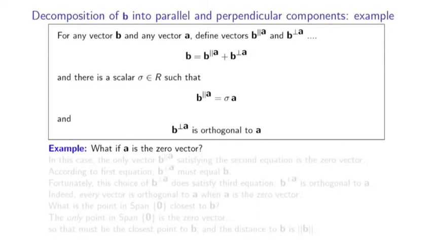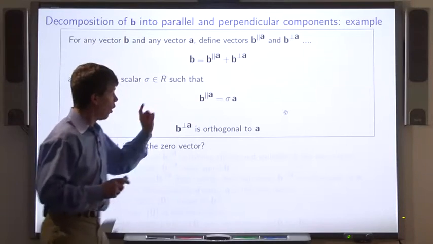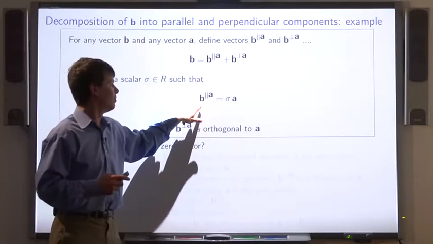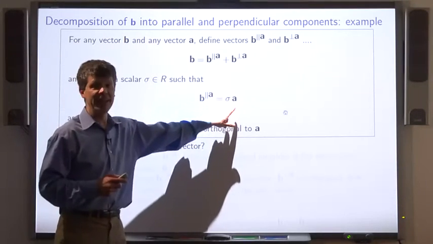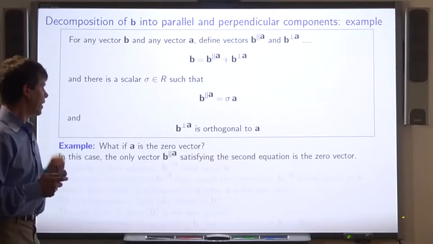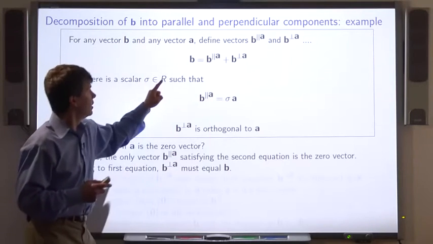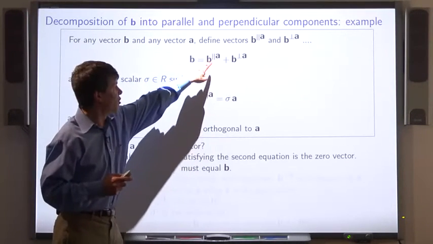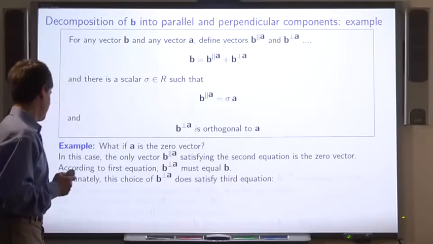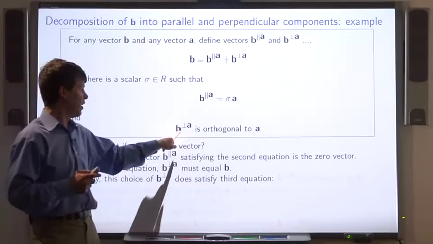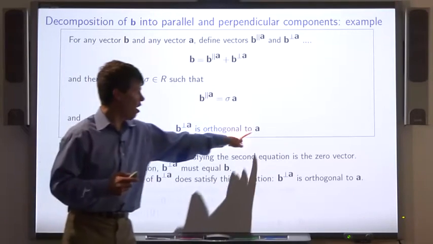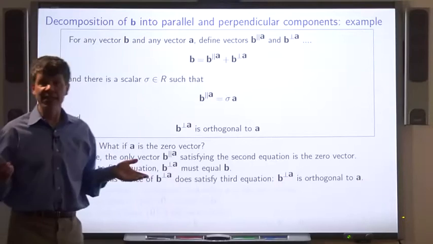What if A is the 0 vector? If A is the 0 vector, then the only vector B parallel to A satisfying this equation is the 0 vector as well. No matter what you multiply the 0 vector by, you're still going to get the 0 vector. Now, according to the first equation, if B parallel to A is the 0 vector, then B perpendicular to A must be equal to B. But that satisfies this third equation, that is, B perpendicular is orthogonal to A, because after all, A is the 0 vector.